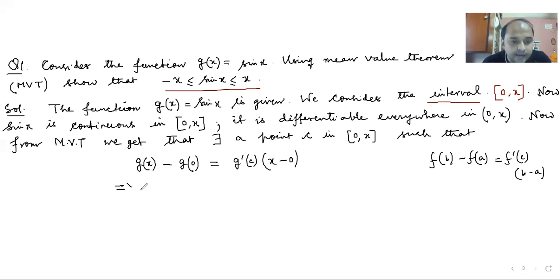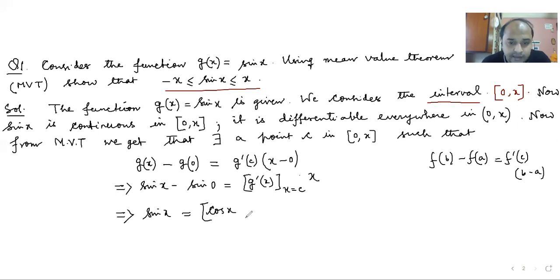This implies sin x minus sin 0 is equal to g'(c) into x, meaning you have to find the derivative of g(x) and put the value at x equal to c. So sin 0 is 0, and g'(x) is cos x, so at x equal to c we get cos c into x. That is, sin x by x is equal to cos c.